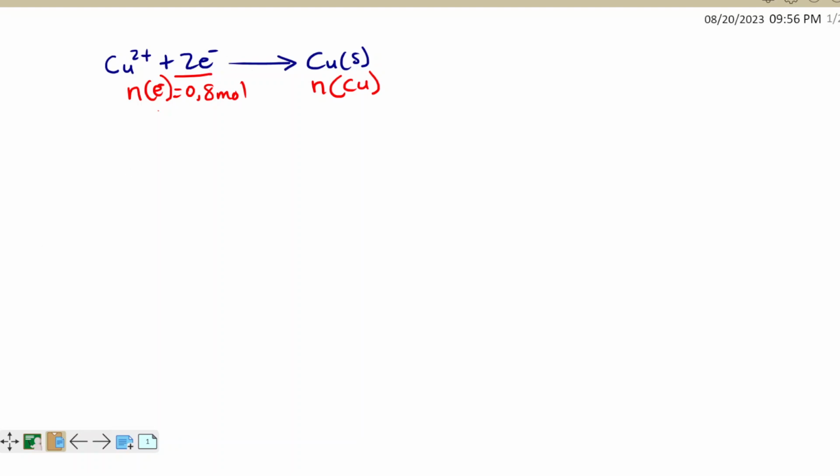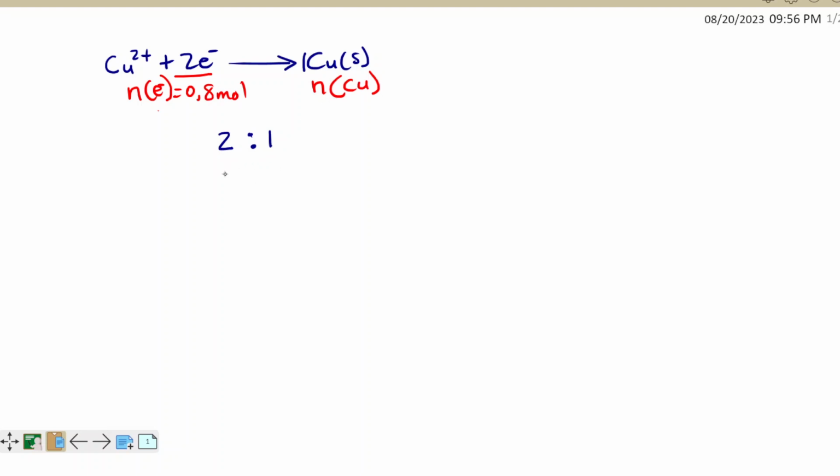Check first what the ratio is. The ratio is 2:1. So that means if we have the number of moles of electrons to be 0.8, then the copper will be half of that.